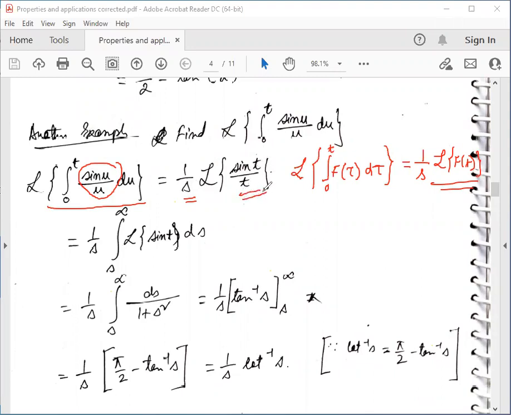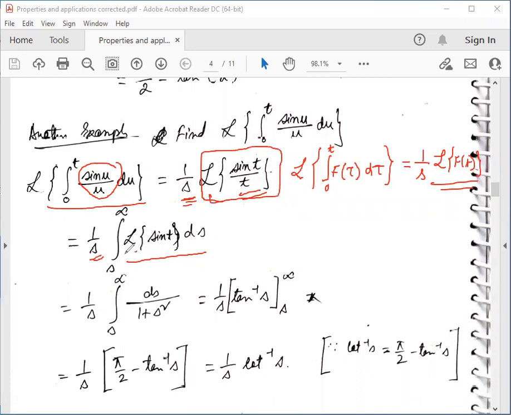Then we see that this is some function divided by t, and we saw from the last property that the Laplace transform of some function divided by t would be equal to an integral. So this 1 by s we keep here, and this Laplace transform becomes the integral from s to infinity of the Laplace transform of sin t ds.